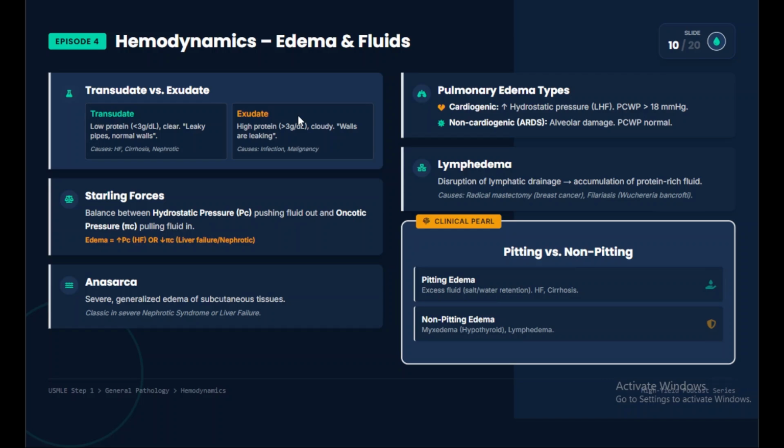So transudate actually happens when you are having low protein. Keep this in mind. And the walls are normal. The walls are completely fine, but the walls are leaking the fluid, right? So keep this in mind, I'm saying this again and again, that transudate fluid simply means that you are having low protein in the fluid.